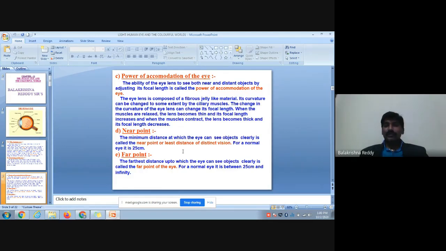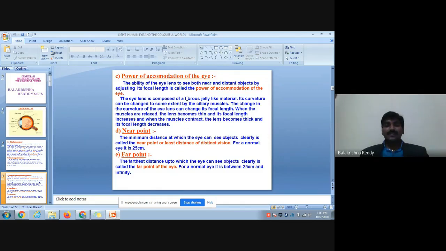Before going to that, let us see what the eyeball has inside. The front parts we have discussed: the front layer, the cornea, the lens, ciliary muscles, and iris, followed by the retina, optic nerves, and sclera. In the middle, I have told you there is a liquid available. What type of liquid is that?